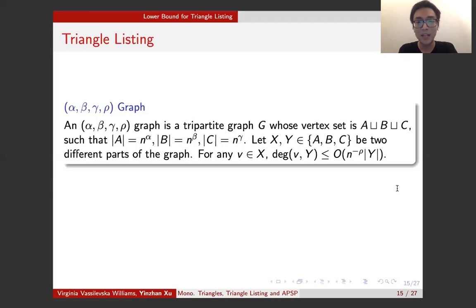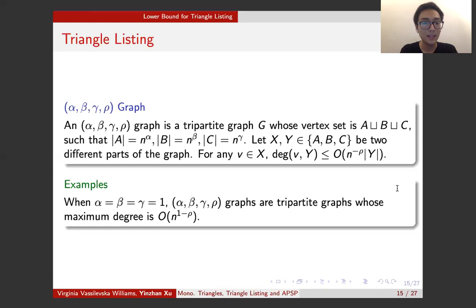Let x and y be 2 arbitrary parts of the graph. Then, for any v in the part x, the number of edges between v and the set y needs to be bounded by n to the negative rho times the size of y. So essentially, roughly the edge density in the graph is n to the negative rho.